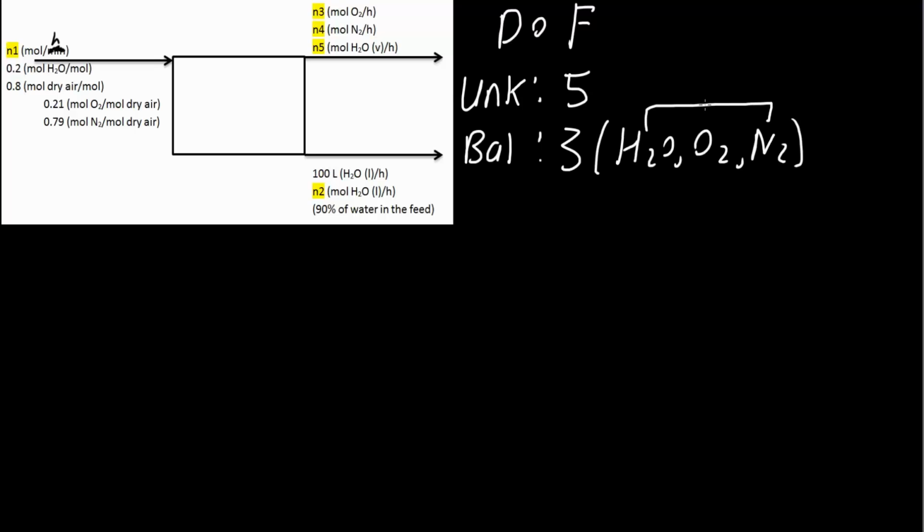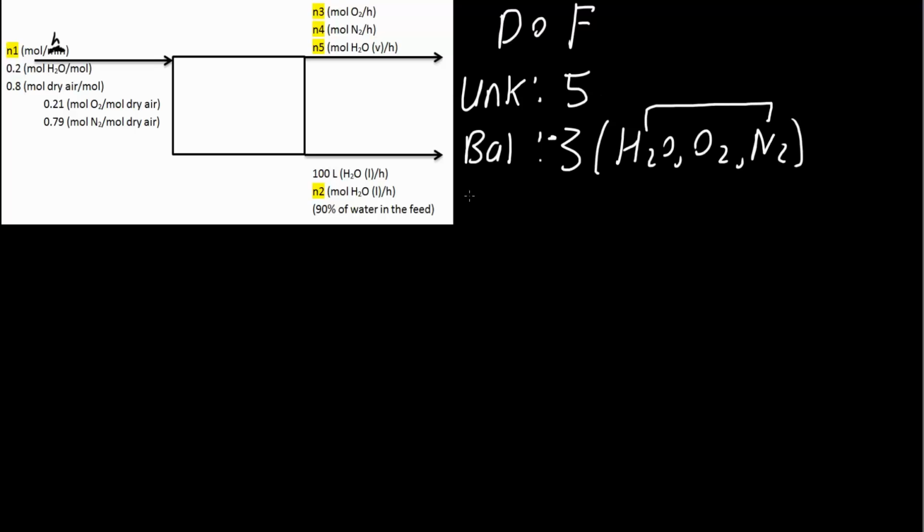So we could replace water with total, or oxygen with total, or nitrogen with total, but you can't add and say 4. So we have 3 balances, and we say minus 3. We still have 2 more things in order to make this problem solvable.